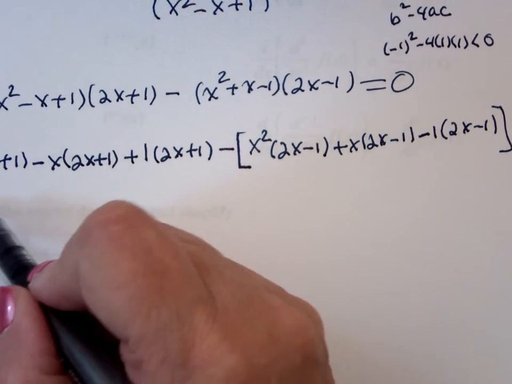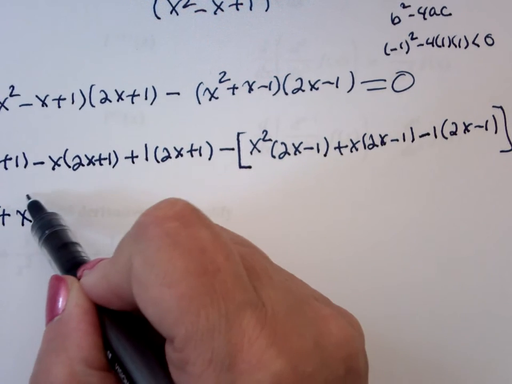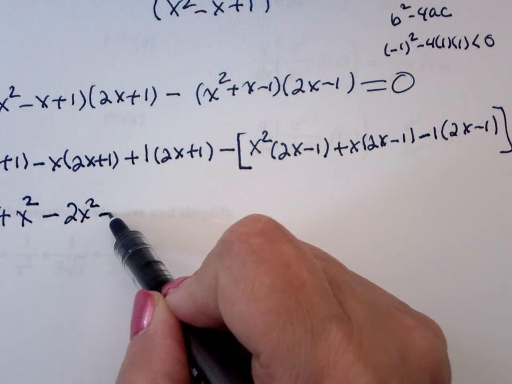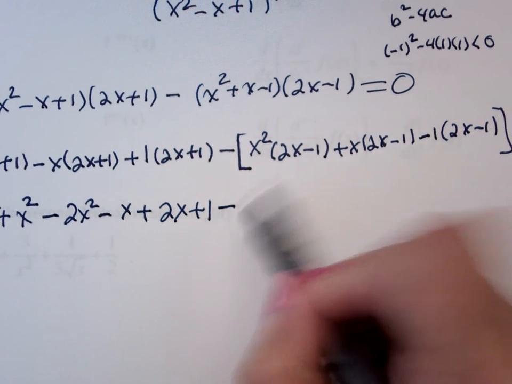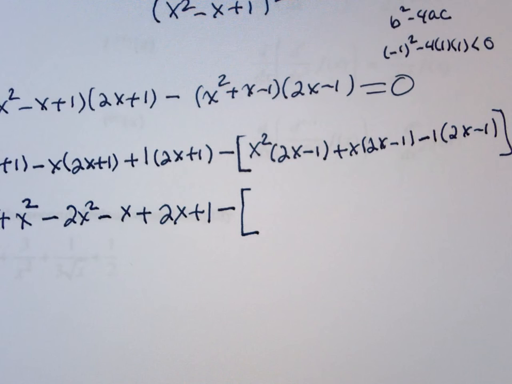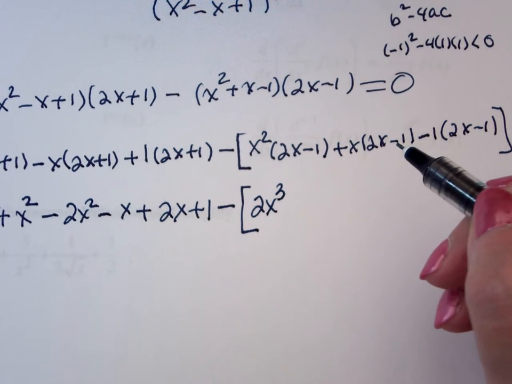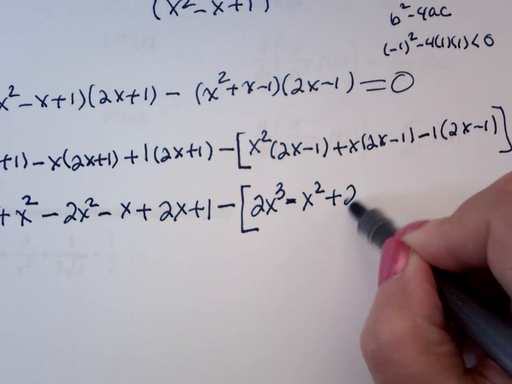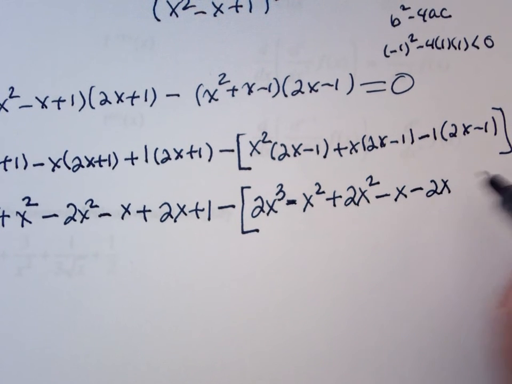Now, I'm going to have 2x cubed plus x squared minus 2x squared minus x plus 2x plus 1, minus, I'm not going to try to do too much in my head, 2x cubed minus x squared plus 2x squared minus x minus 2x plus 1, and that's equal to 0.